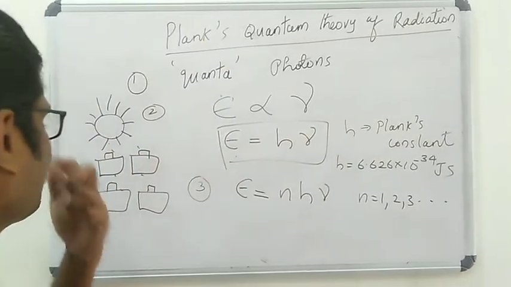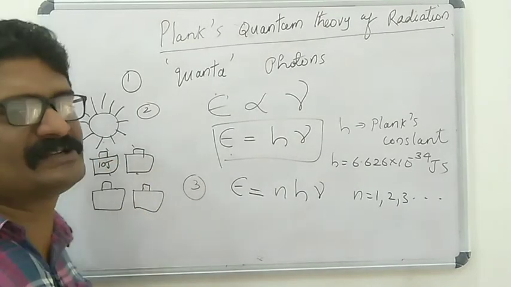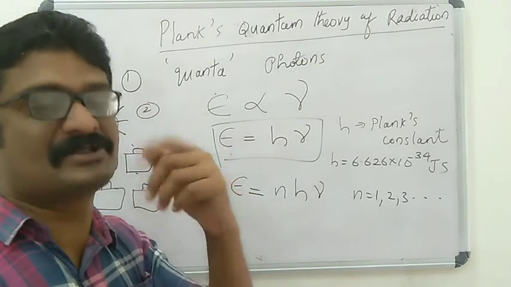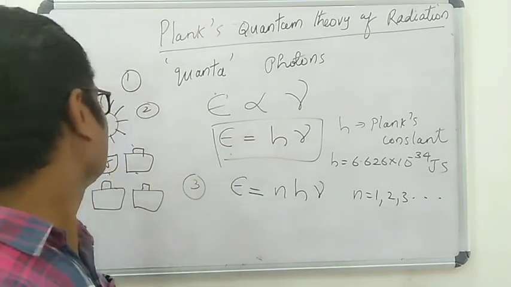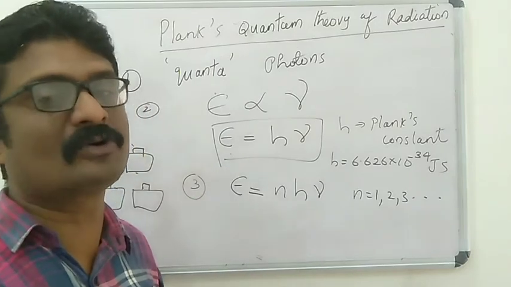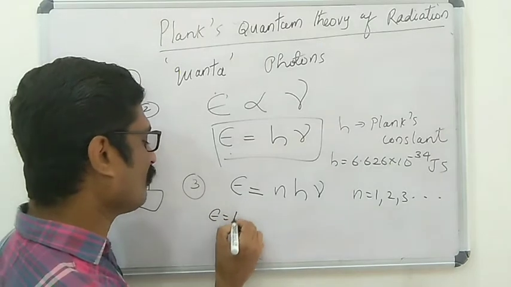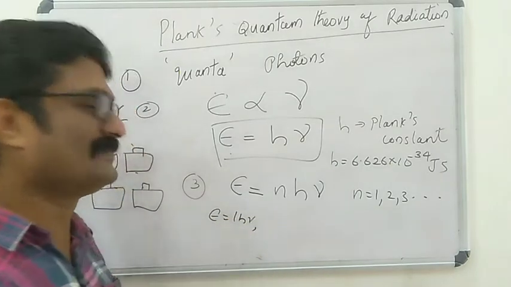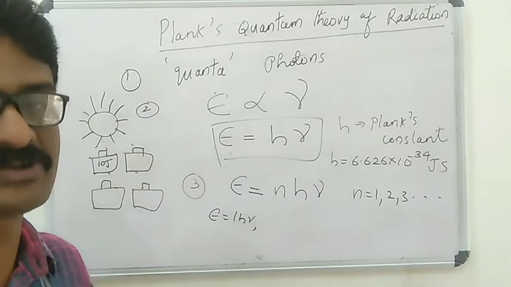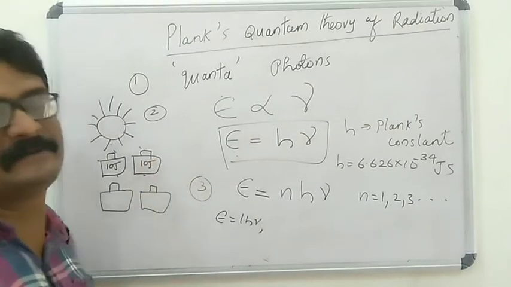Suppose 10 joule is the amount of energy associated with the quantum. Suppose a source emits one packet of energy. The total amount of energy emitted is 10 joule, that is E equal to 1 h nu. Suppose a source of radiant energy emits 2 packets of energy.